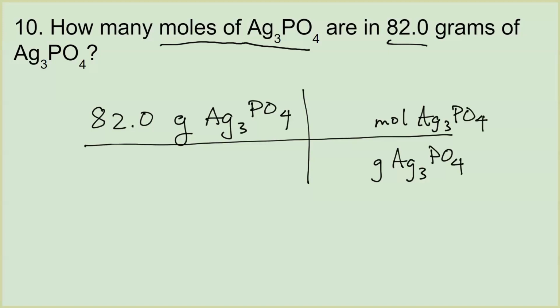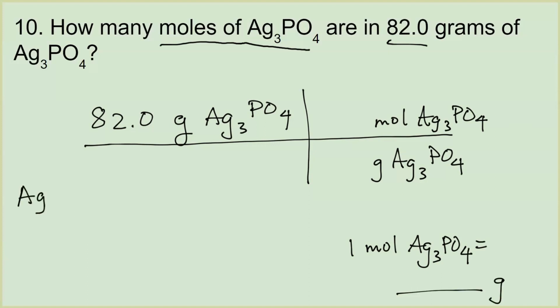Silver phosphate. All right. Now, this is going to be a little bit more intense because we've got a kind of bigger formula. I need to find the molar mass of Ag3PO4. So if I have 1 mole of silver phosphate, we want to know how many grams that equals. So we have silver, we have phosphorus, we have oxygen present in this compound.